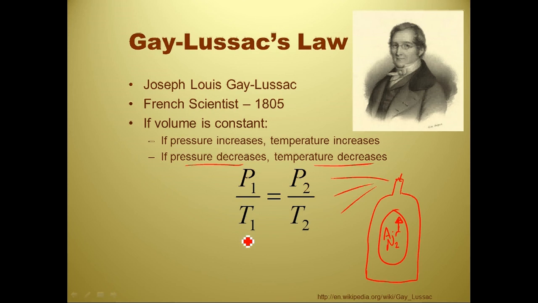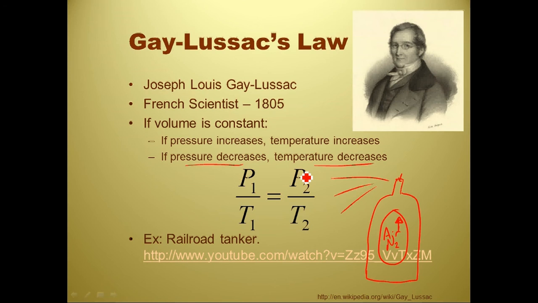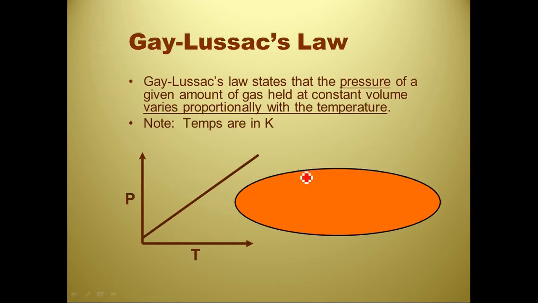If you were thinking about the math on this, it's the same math as you think it's going to be. It's a direct relationship, so P1 over T1 equals P2 over T2. The graph is still a direct relationship graph, so we still get a nice diagonal line.